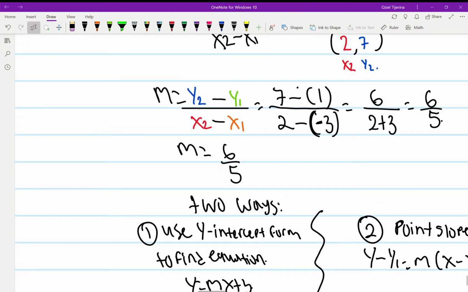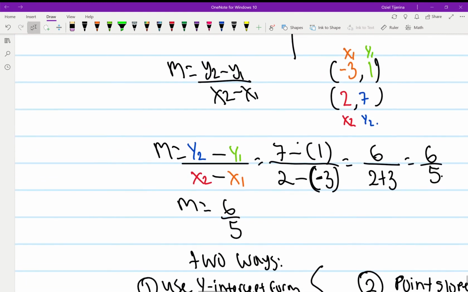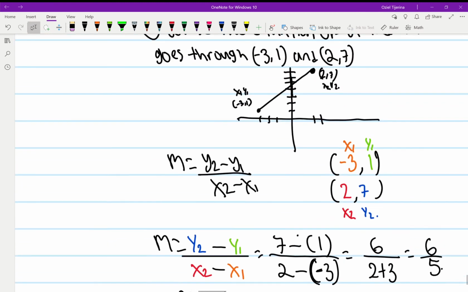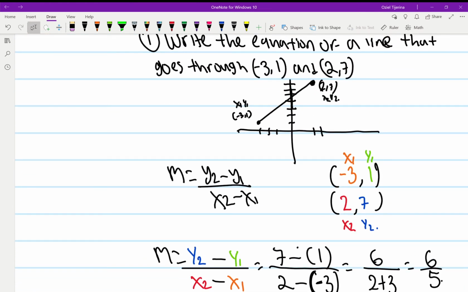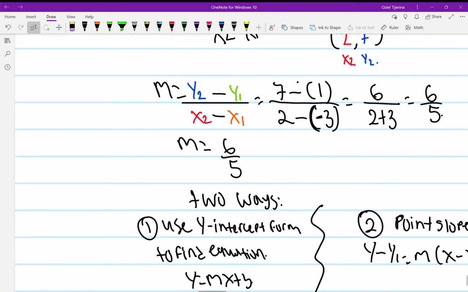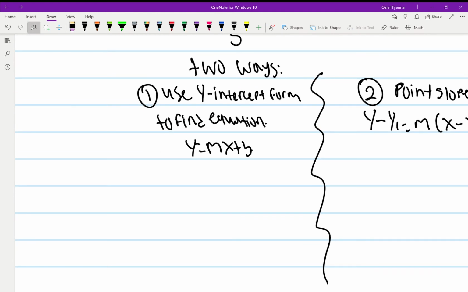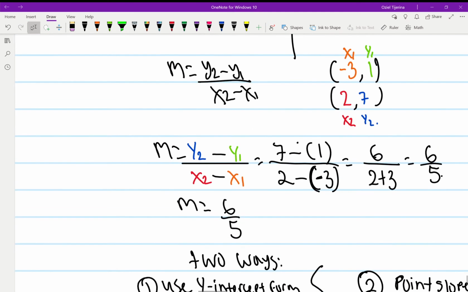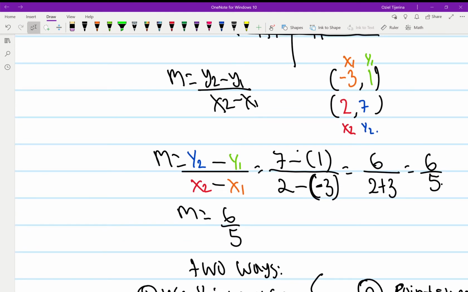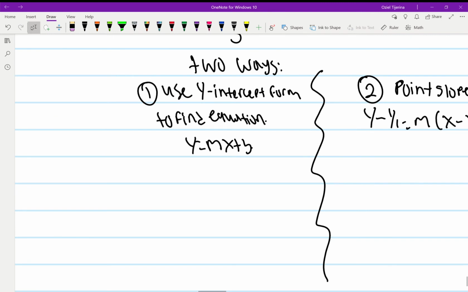We know a point on the line, that's basically in the linear equation that we're looking for. So we can go ahead and use one of these points. Let's use -3, 1, okay? So we have -3, 1.